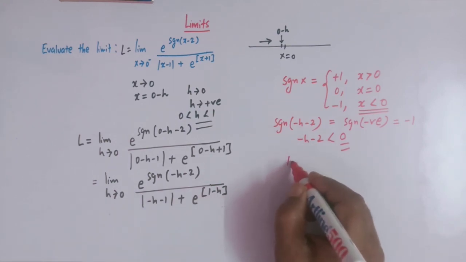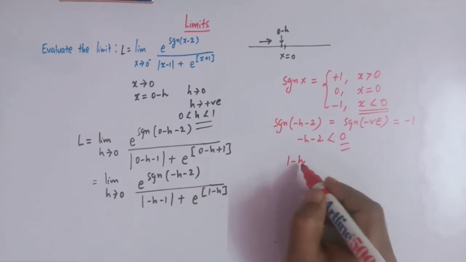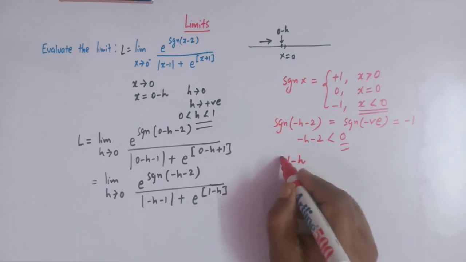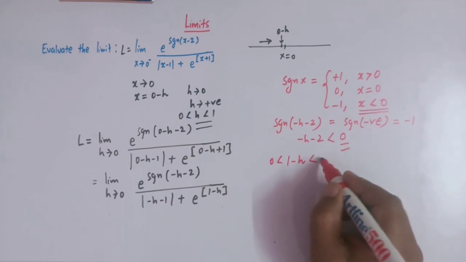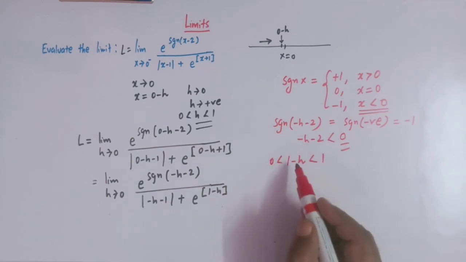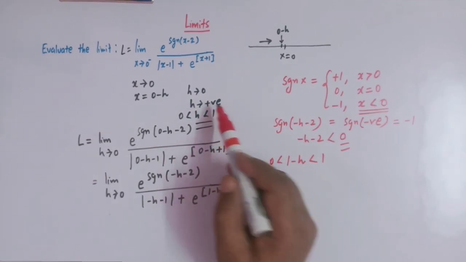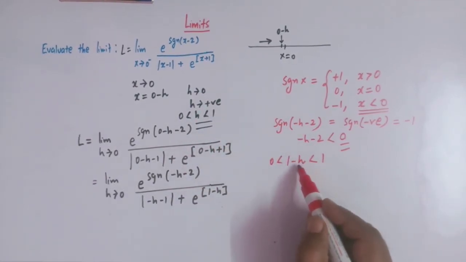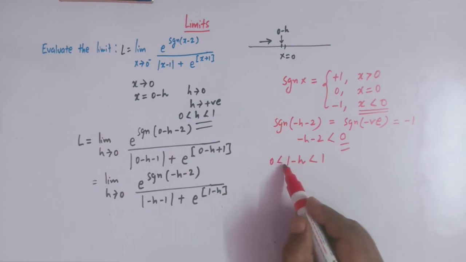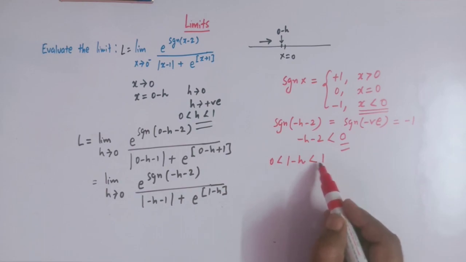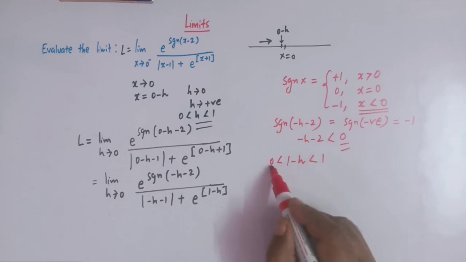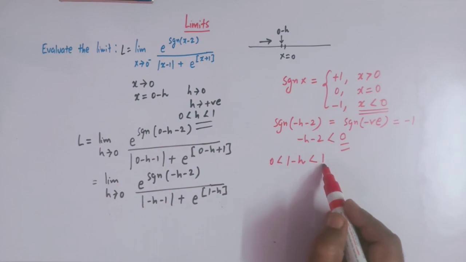Since h is a positive quantity, when we subtract h from 1, 1 minus h is greater than 0 but slightly less than 1. So 1 minus h lies between 0 and 1.